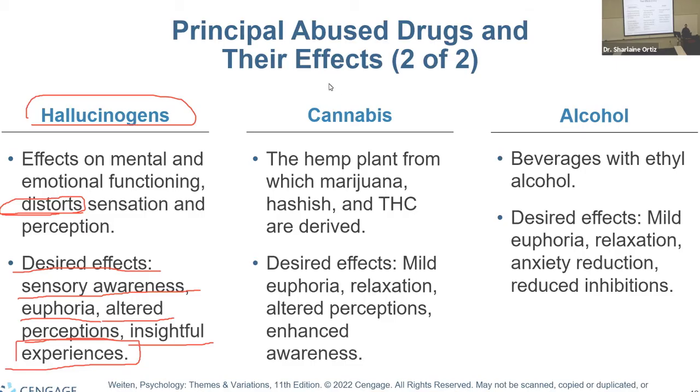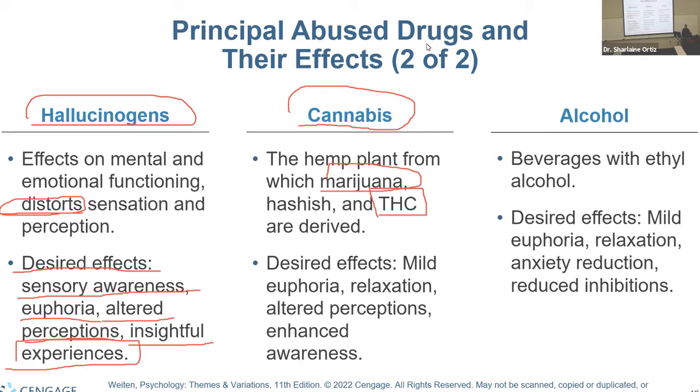Now, another drug that tends to be utilized frequently is cannabis, right? Now, generally, we engage in the intake of this drug through marijuana, right? Generally, when we think about marijuana, we are thinking more of the component of THC. THC is generally the component of marijuana that provides that altered state of consciousness.